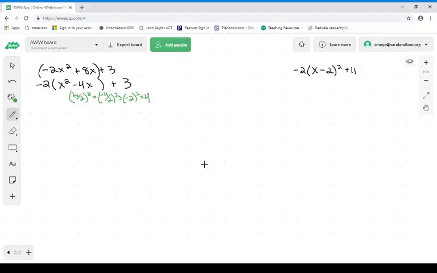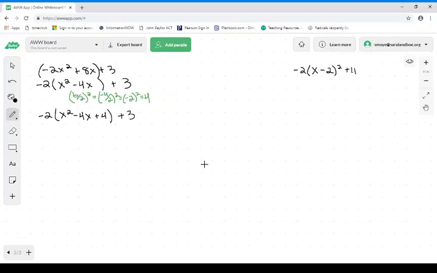So if I were to add 4 inside this parentheses, I would have created a perfect square trinomial. So let's see what happens when we do that. We have this negative 2 times x squared minus 4x plus 4, and then this plus 3.